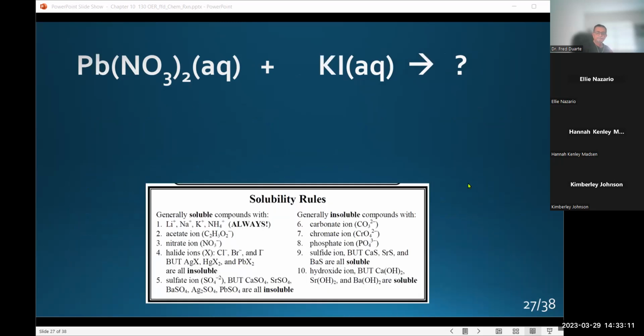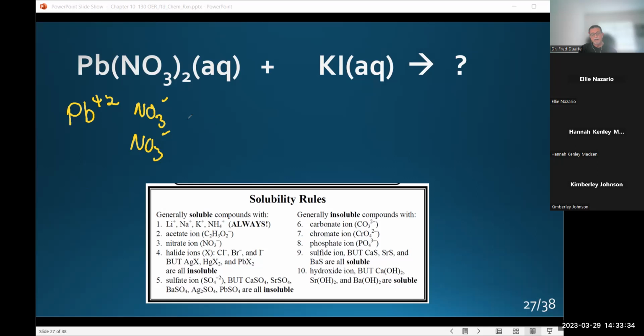All right, let's take a look at this one. And we can just write the ions first. So we got lead 2. I know it's lead 2 because I know every nitrate is a -1. There's 2 of them, so I got the 2 nitrates. Okay.